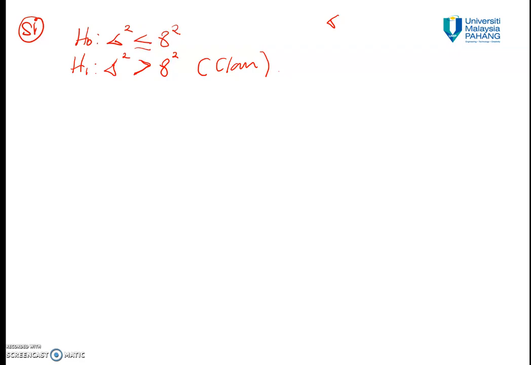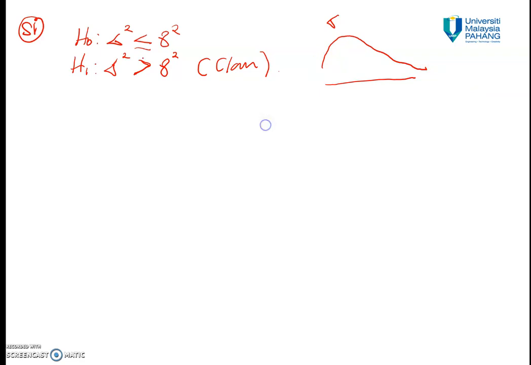Again, in step number 1, you must look at the area. For the population standard deviation hypothesis, if you remember chapter 2, we use chi-square. So here you also have chi-square, and the chi-square figure is skewed to the right. It's not symmetric.